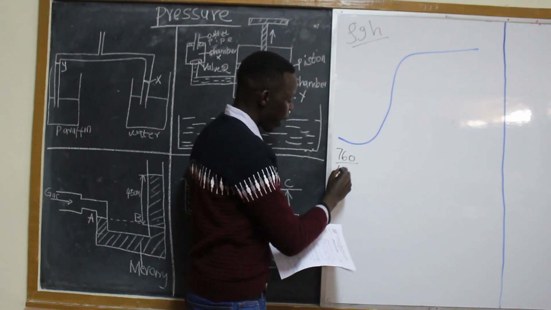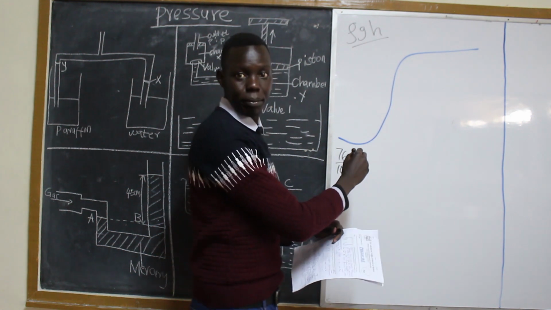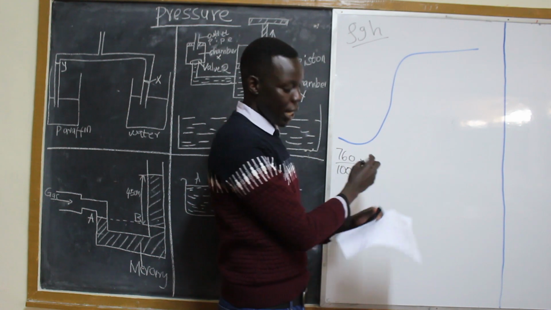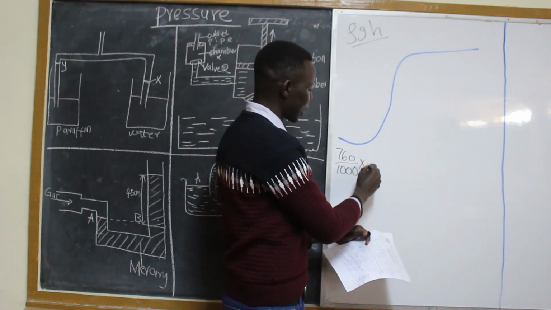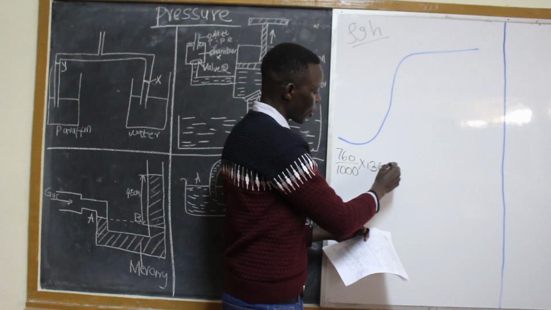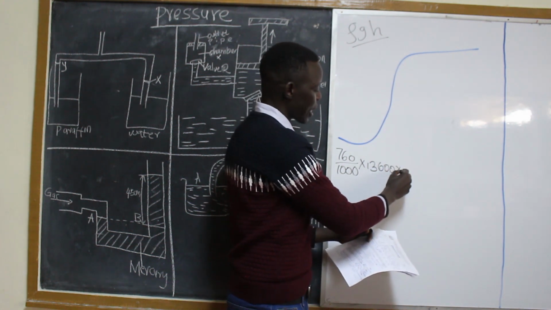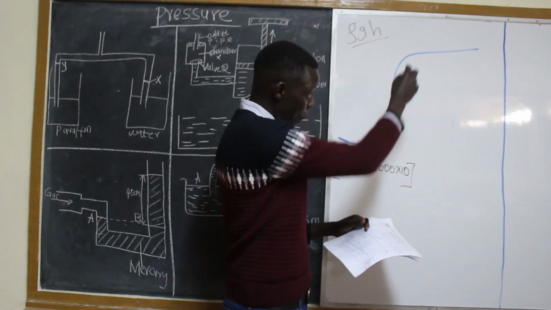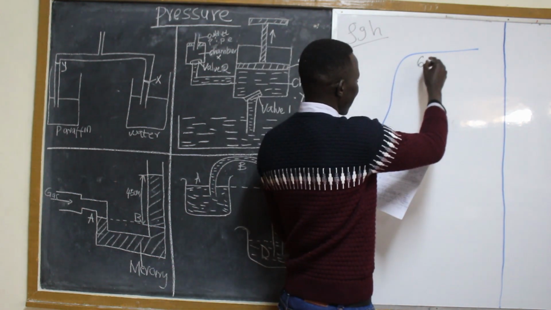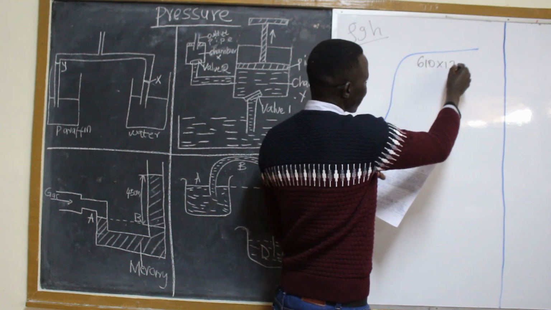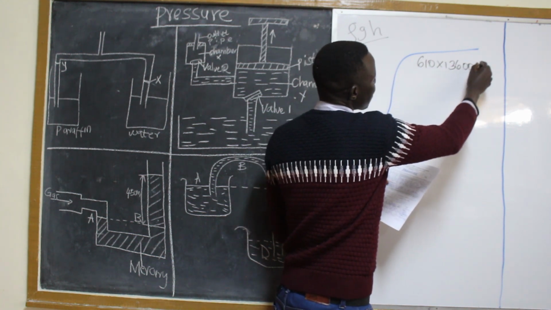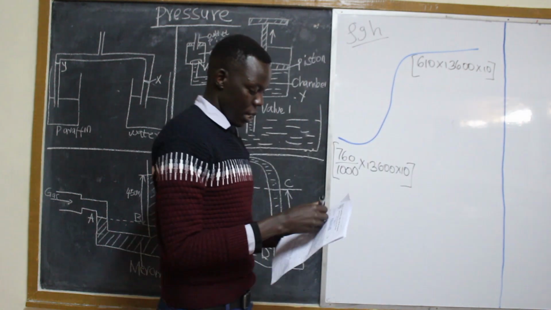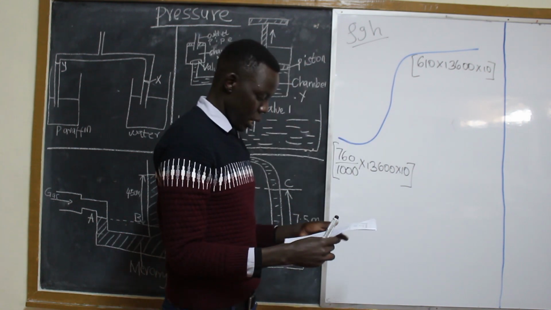I will divide by 1,000 to give me meters, times the density, which is 13,600. Remember, we are dealing with mercury. Then times g, 10. Up there, I will use 610 times 13,600 times 10. So find this value. Then you find the other value up there.